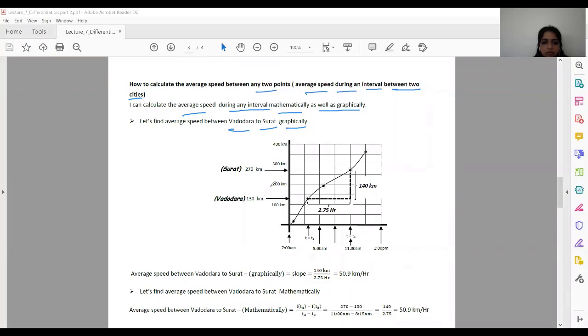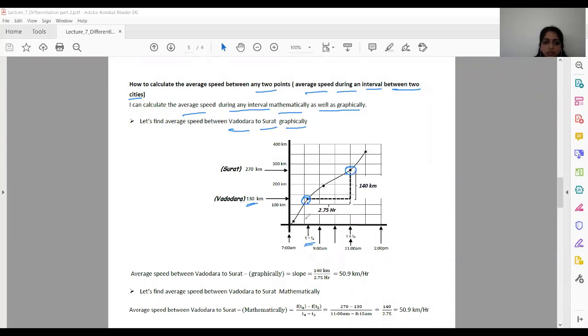This point indicates Vadodara, and this point indicates Surat. At Vadodara, at t equal to t2 we reach Vadodara, and the total distance covered from Gandhinagar to Vadodara is 130.